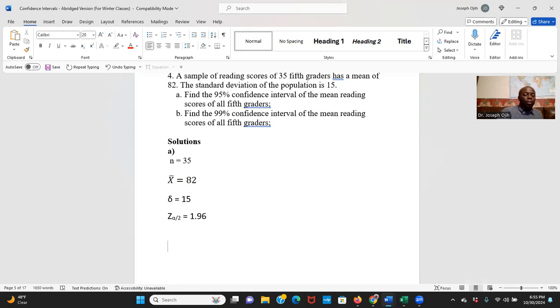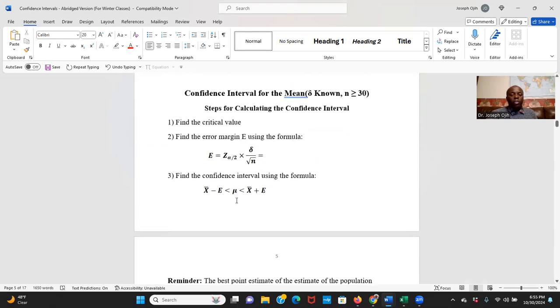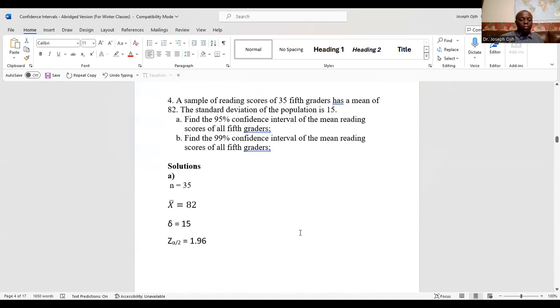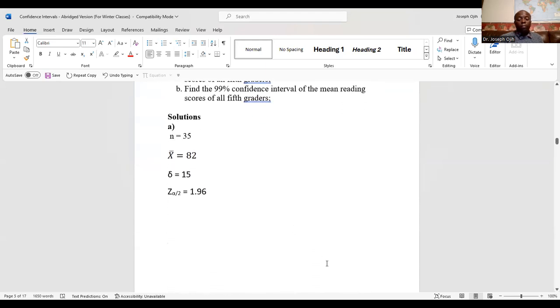So let's plug this into the formula for error and get our error margin. This is the formula for error right here. I'm going to copy this and paste it there so we can get our error margin. So we're going to use it to find the error.